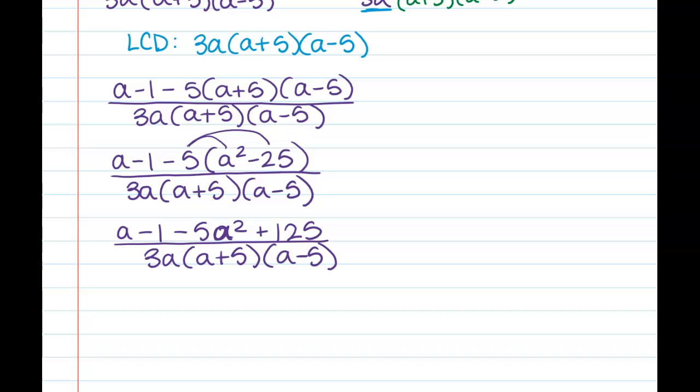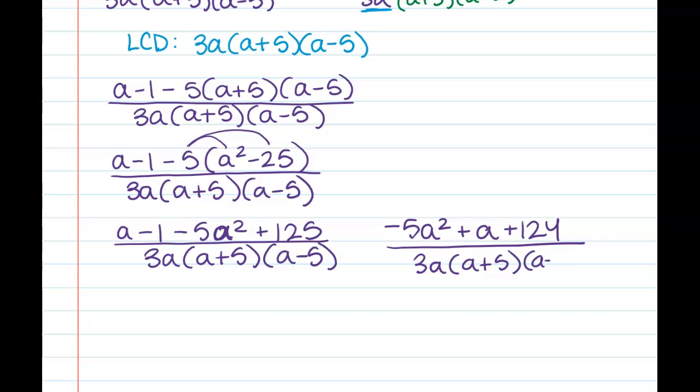Simplify one last time. We have negative 5a squared plus a, negative 1 plus 125 is a positive 124, all over 3a times a plus 5 times a minus 5.